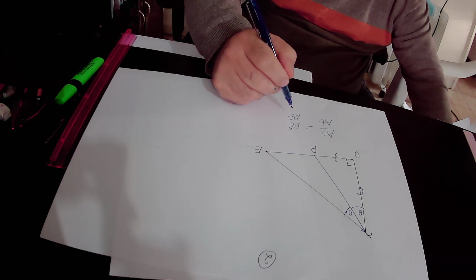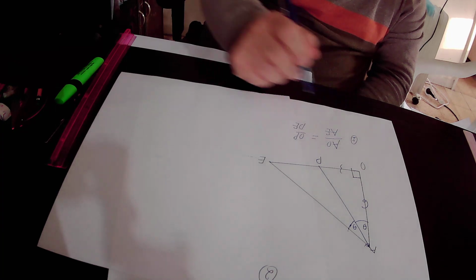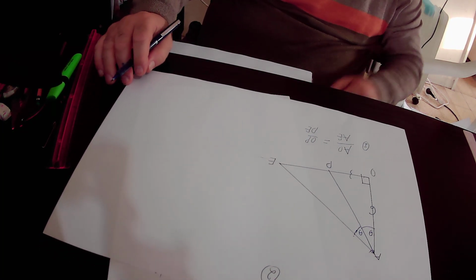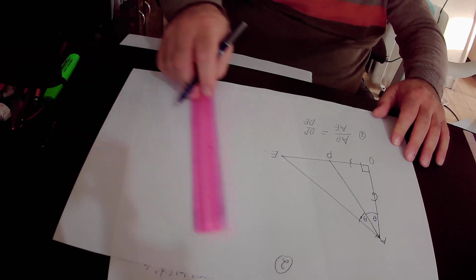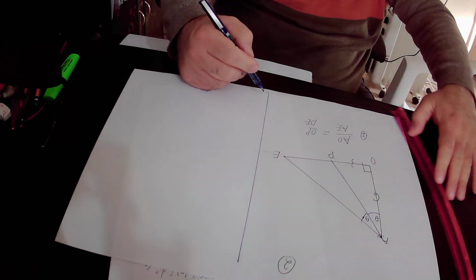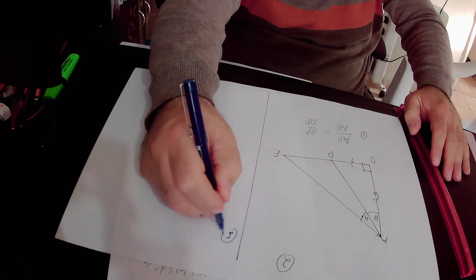Okay? This will be equation number 1. So here, according to equation number 1, AO equals 6 units.